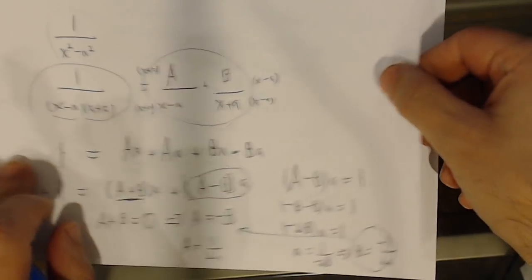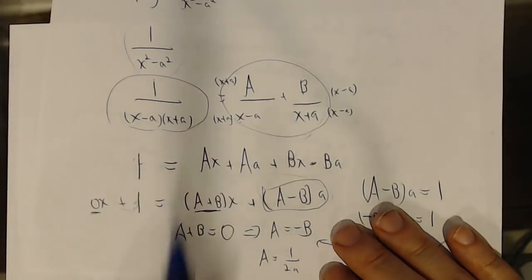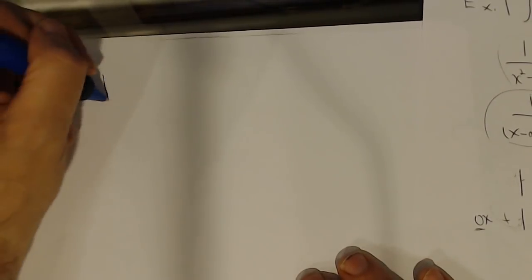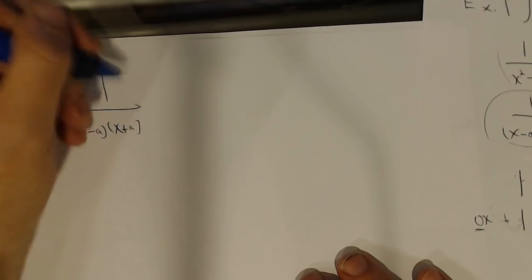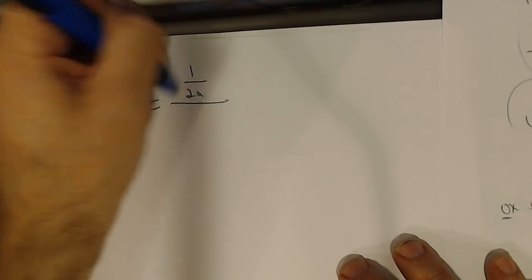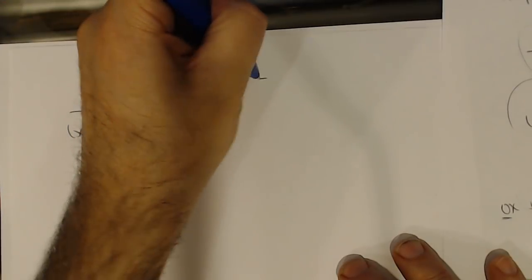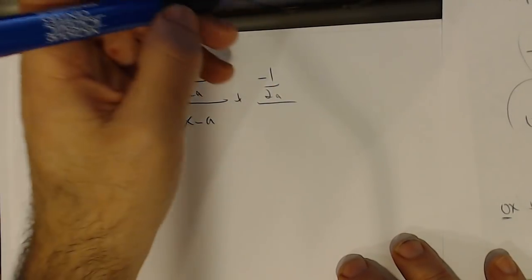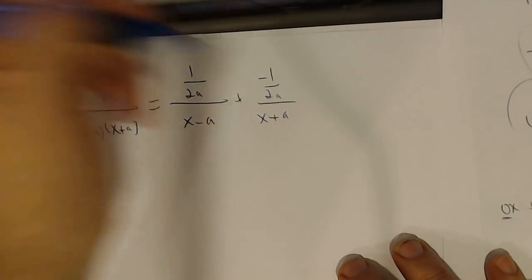Okay, so with all of this, I could go back now and substitute. So our partial fraction, which is this guy right here, what does that break up into? 1 over x minus a times x plus a is going to break up into 1 over 2a over x minus a, plus negative 1 over 2a over x plus a.